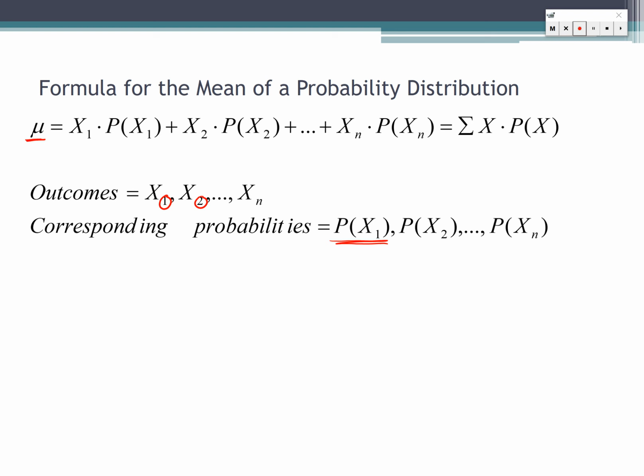So again, I just want to keep exposing you guys to all these different symbols. I want to keep exposing you to the formulas, not only just the step-by-step. Capital sigma, remember, that tells us we need to add all those together. That's our sum. We need to add all those different products together.